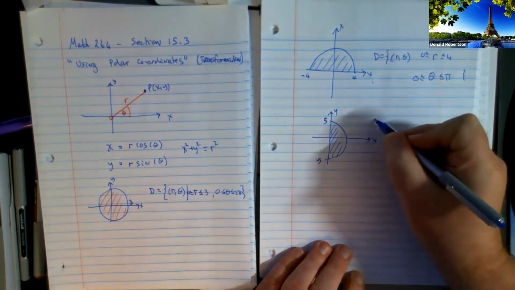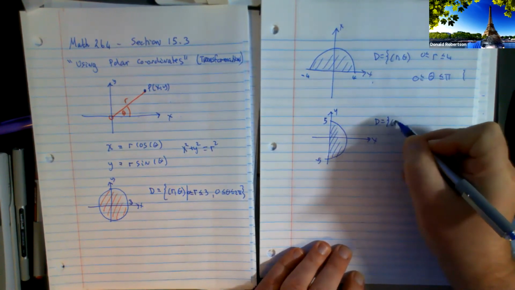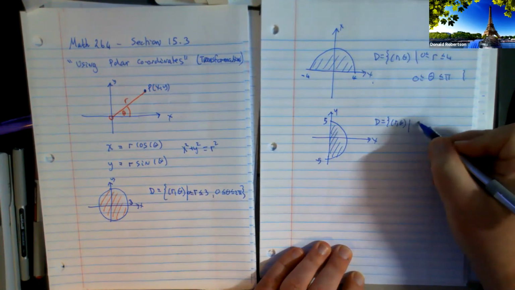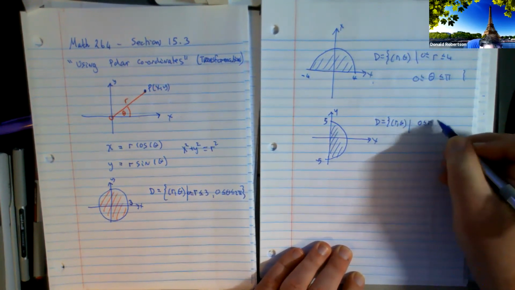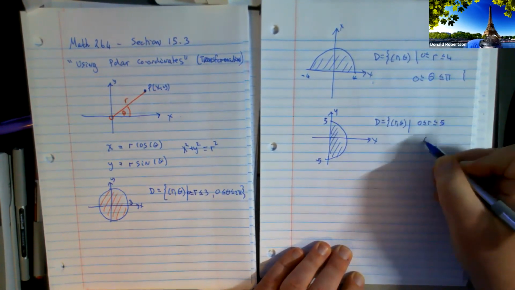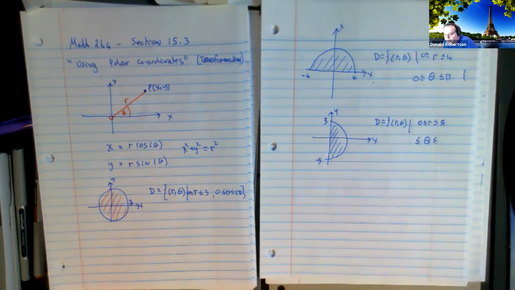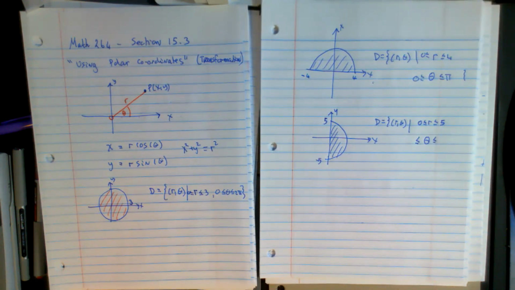Now I'll do the first part. The R still goes from 0 to 5. What is the range in theta? Half pi to 3 over pi.